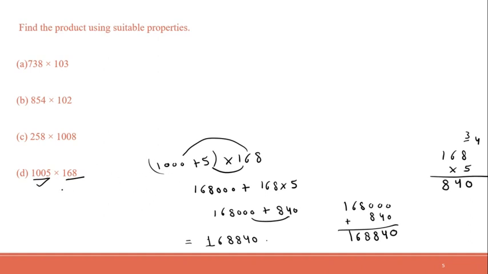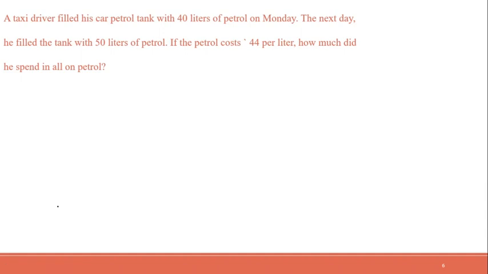I hope you got this concept of using the property to make our calculations easy. Now let's come to the next one. Here in this question it is written that a taxi driver filled his car petrol tank with 40 liters of petrol on Monday. The next day he filled the tank with 50 liters of petrol.